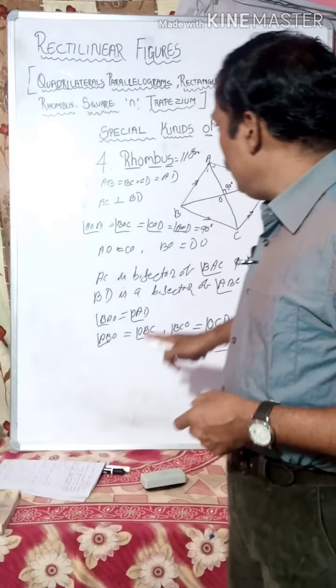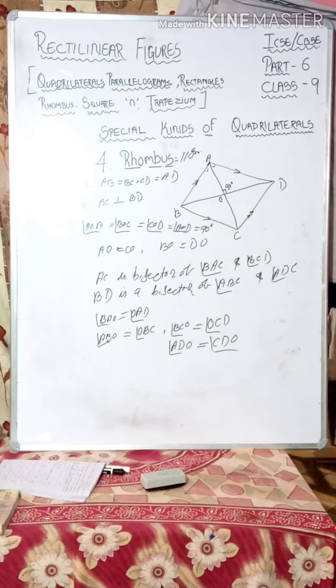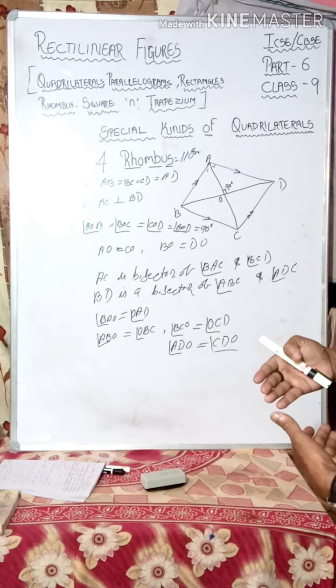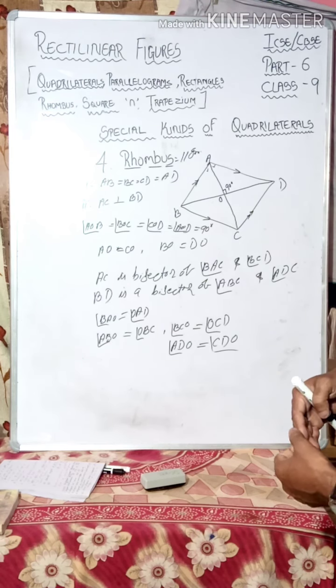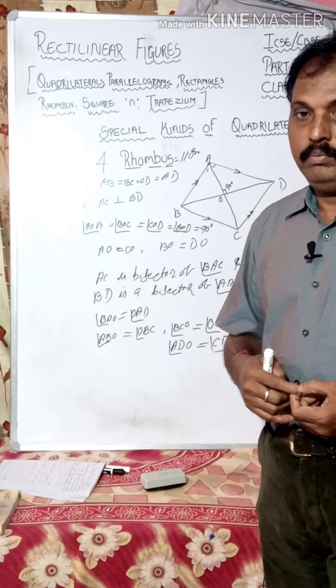This much about the rhombus. Now take a screenshot, then we will go to the next special quadrilateral, that is the square.